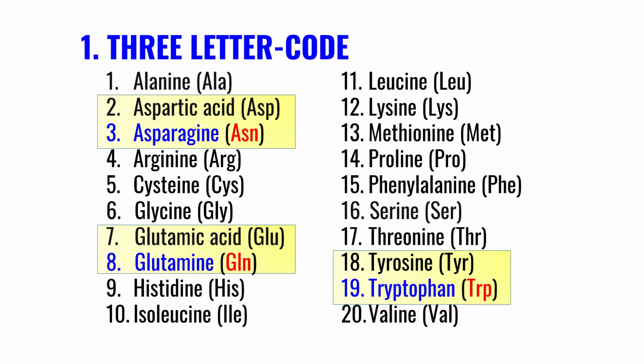So these are three cases where the three-letter code does not represent the first three letters: asparagine ASN, glutamine GLN, and tryptophan TRP.